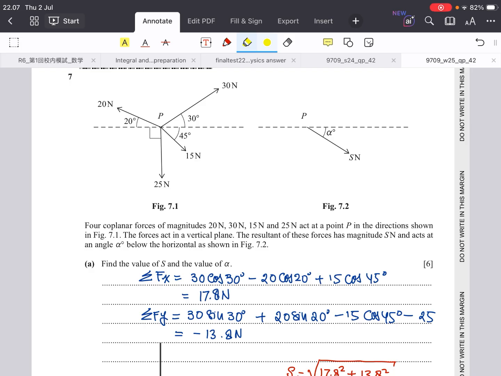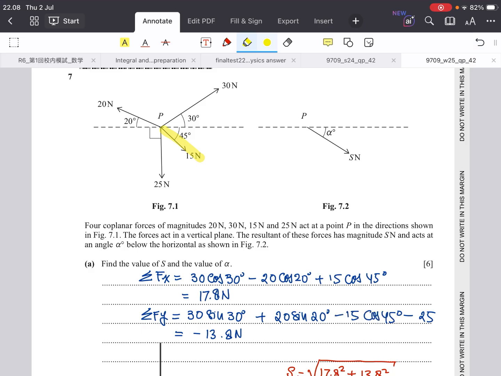And then we also find the net force in y direction. For F1, the y component is 30 sine 30 degrees, plus F2, 20 sine 20 degrees. And then be careful for F3, the y component of F3 is negative, since it is directed downward.